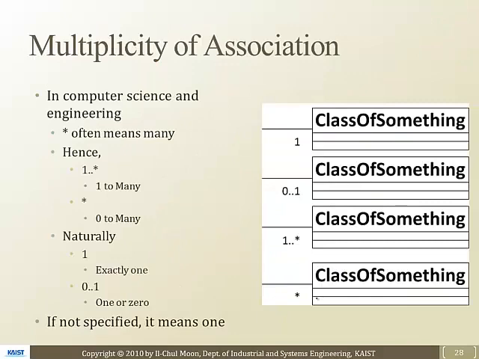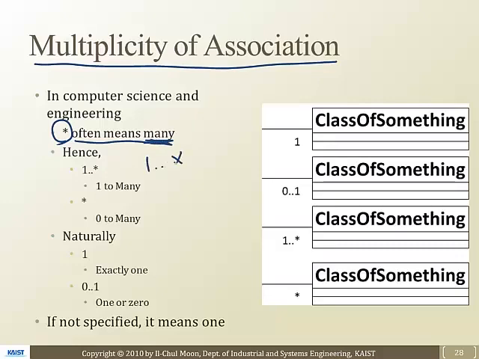And particularly this multiplicity of the association is kind of important, so I'm going to cover it a little bit further, okay? In computer science, as I said, this term often means many. So 1..star means 1 to many, and 0..star means 0 to many.